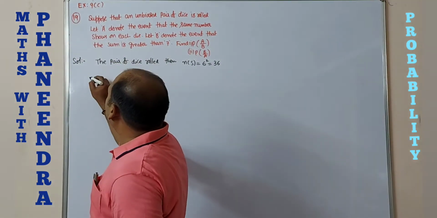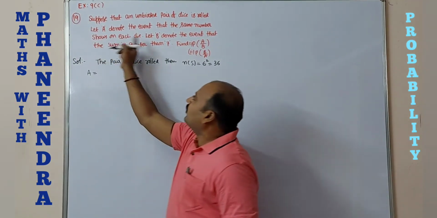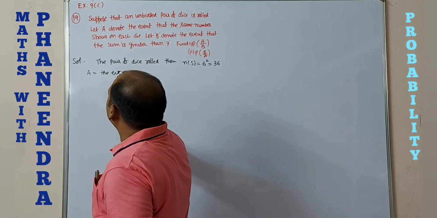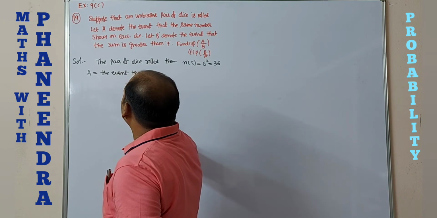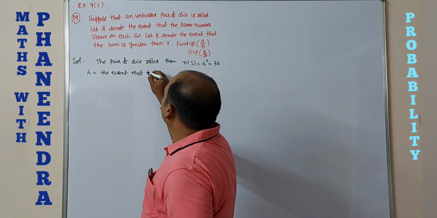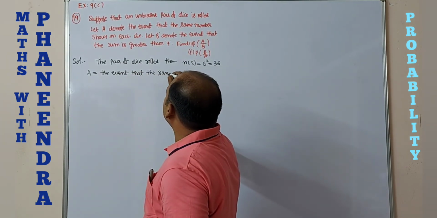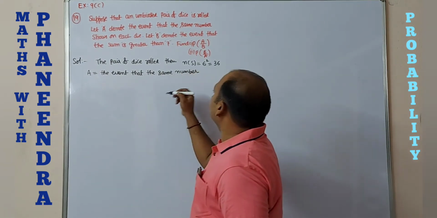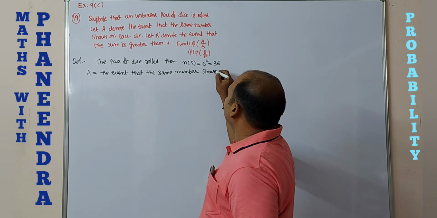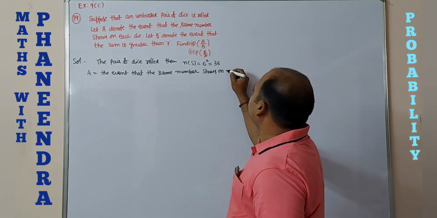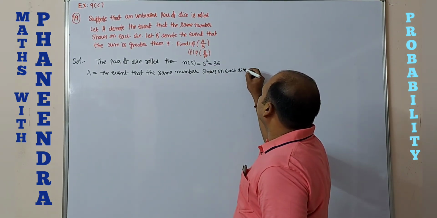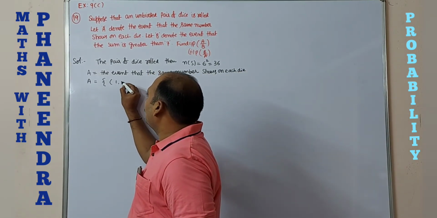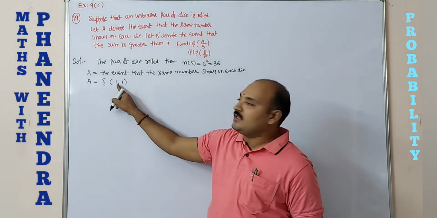Next, given A denote, A is equal to what A represents? The event that the same number shows on each die. So we will write it easily. A is equal to 1 comma 1 in the first die, second die.